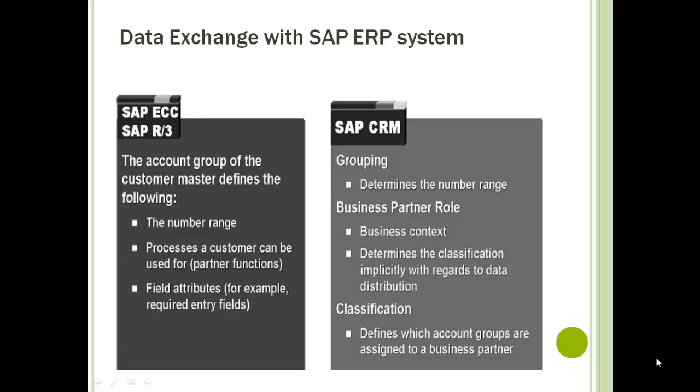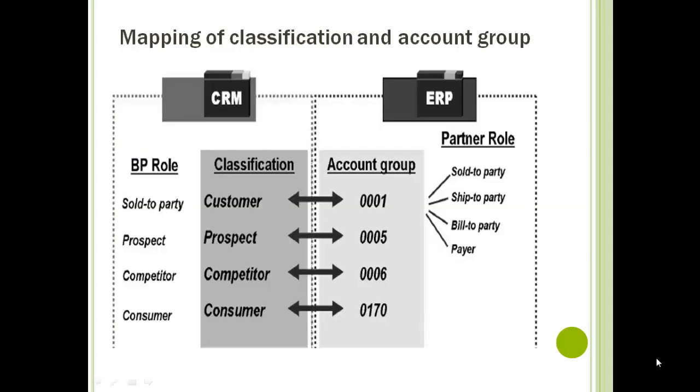We have a classification in business partner master data, which controls which account group a business partner could be assigned. Okay. But you have to remember, we cannot define our own classification. Okay, we have to work with the classification that SAP has already provided.